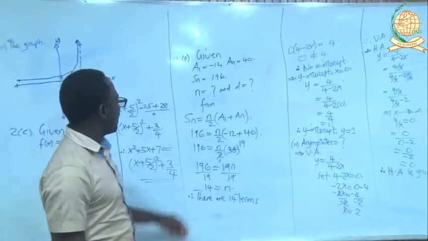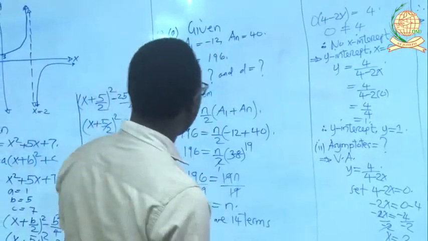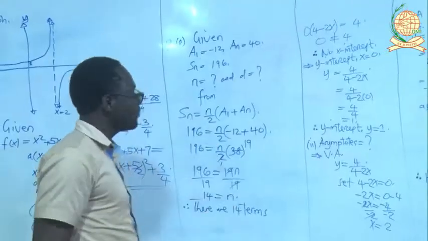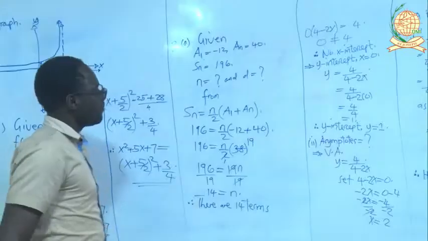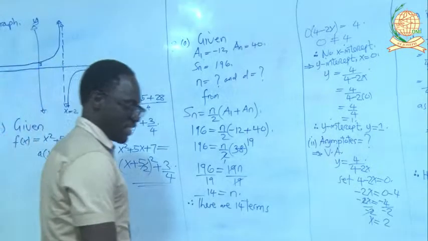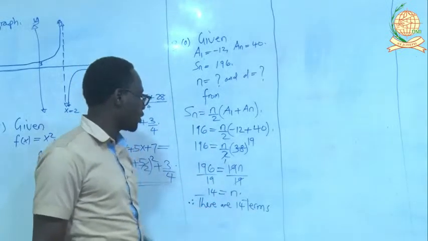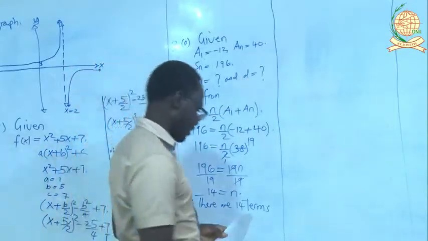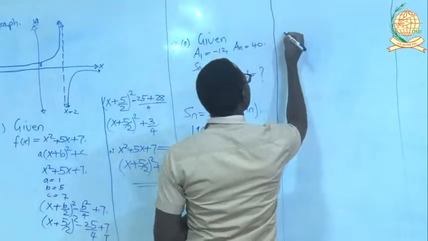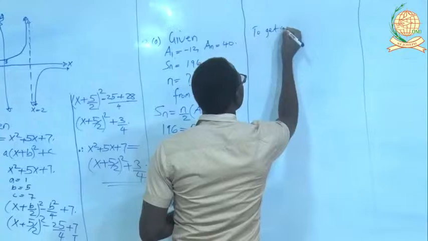After getting the value of n, we also need to find the common difference, d.